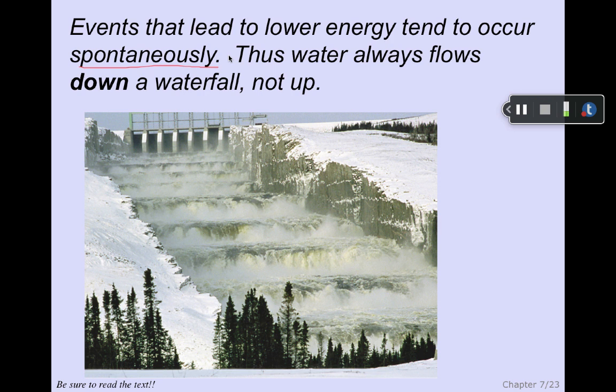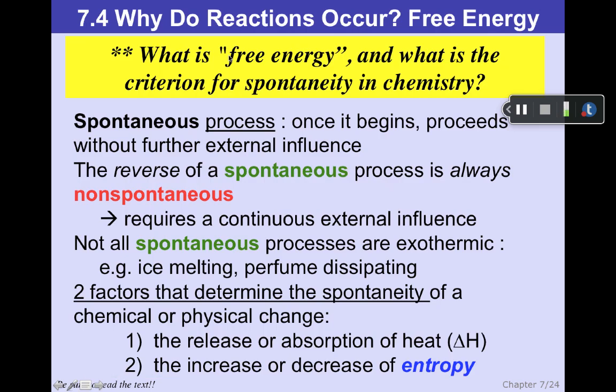Water will always flow downhill, down a waterfall, given an impetus to get it going. It will lead to a lower energy state by going down the waterfall. Well, this same kind of idea applies also to reactions, and it's described in terms of what makes reactions spontaneous. Spontaneous reactions are those which occur without further external influence once they've begun.